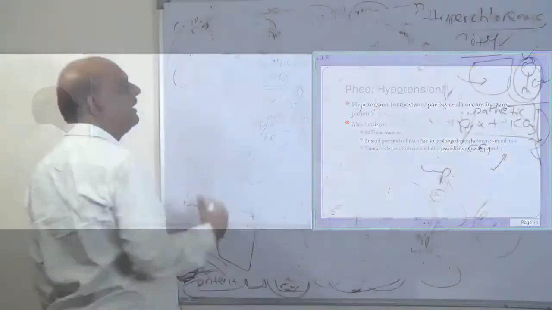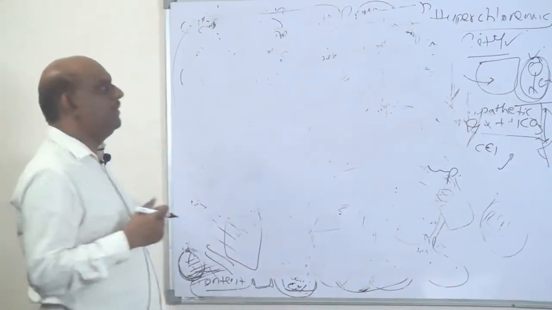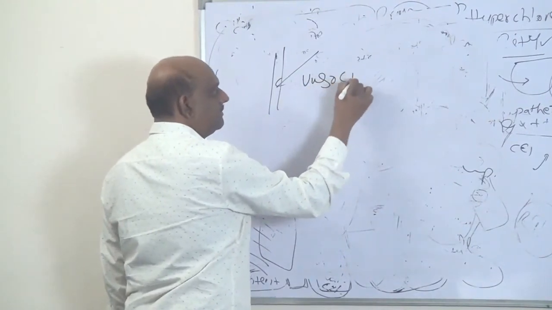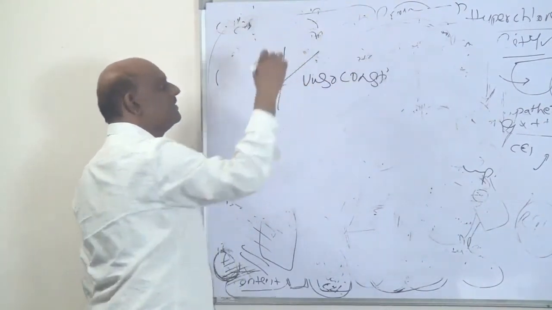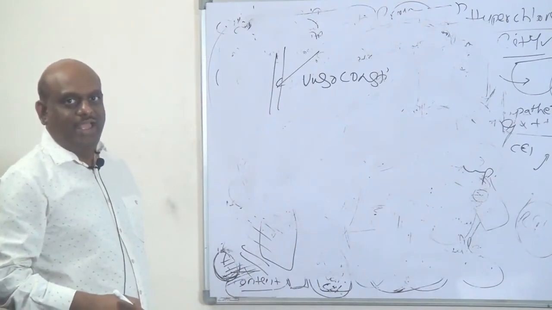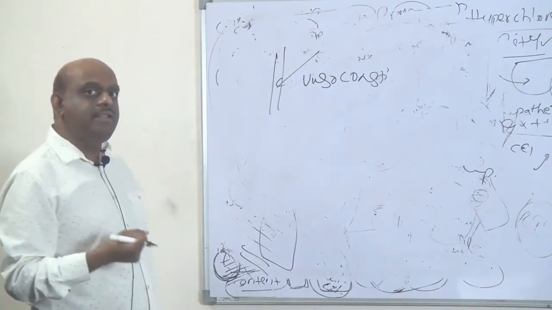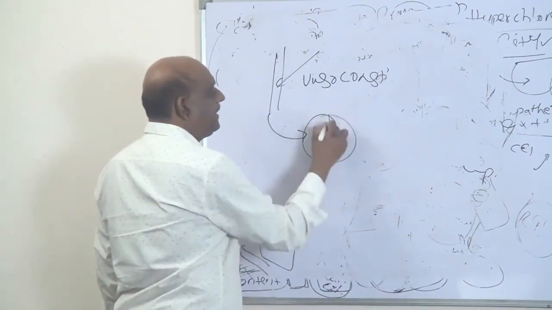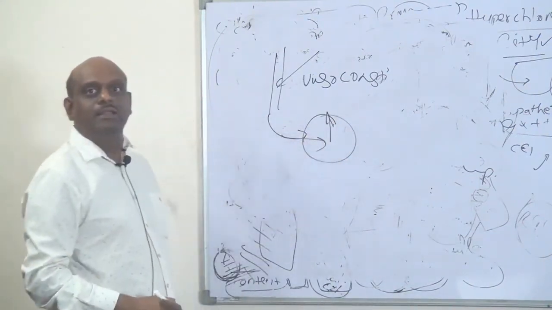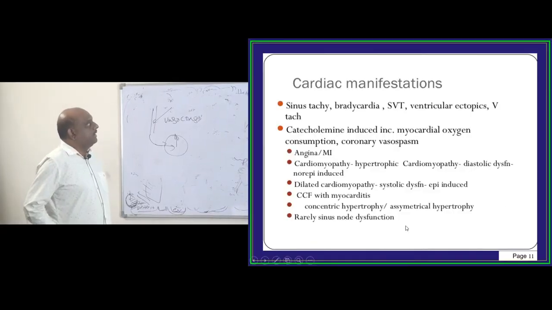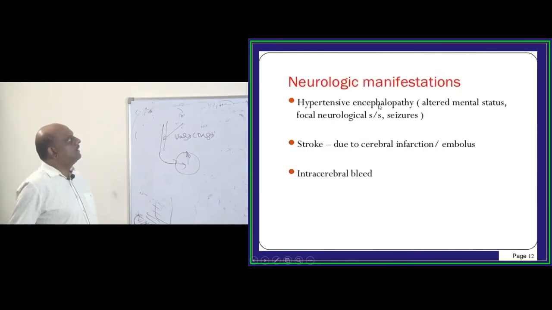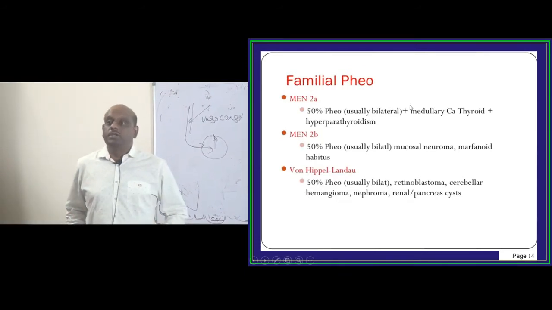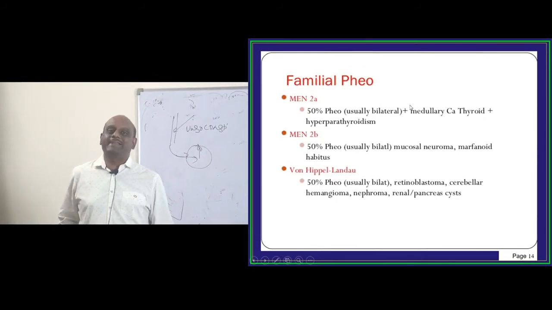So fundamentally, what happens in pheo? There is an intense vasoconstriction. And because of that intense vasoconstriction, there is a high pressure when the blood is going to the kidney. Now, we are talking about why there is an ECF contraction.